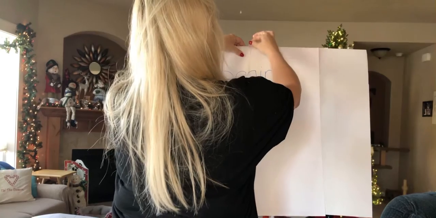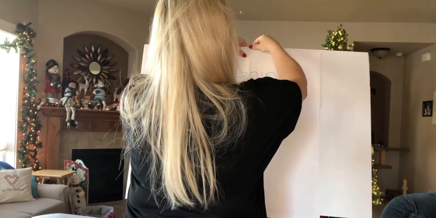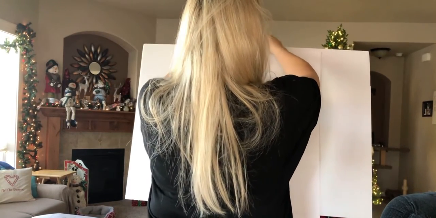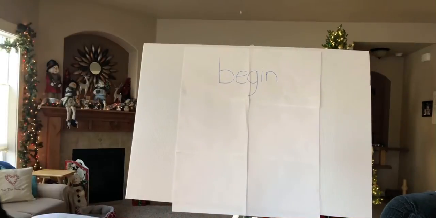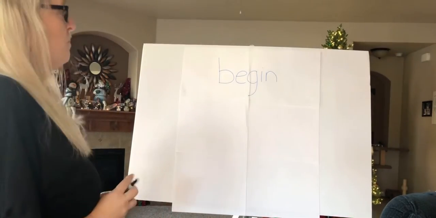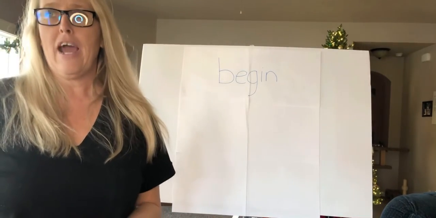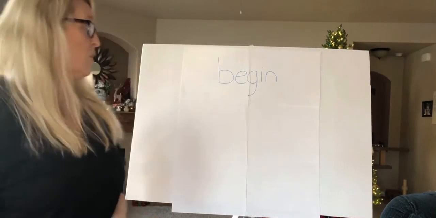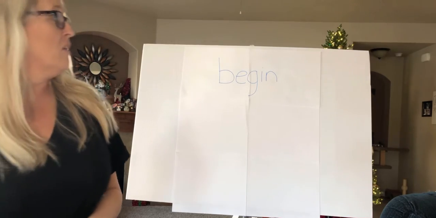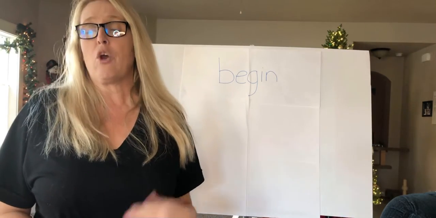We are going to take the word begin. Now, let's look at the word begin and think about how we can divide this word. First of all, let's go through our steps.